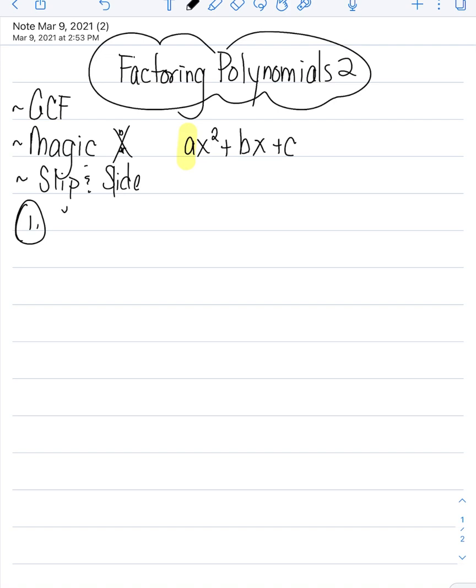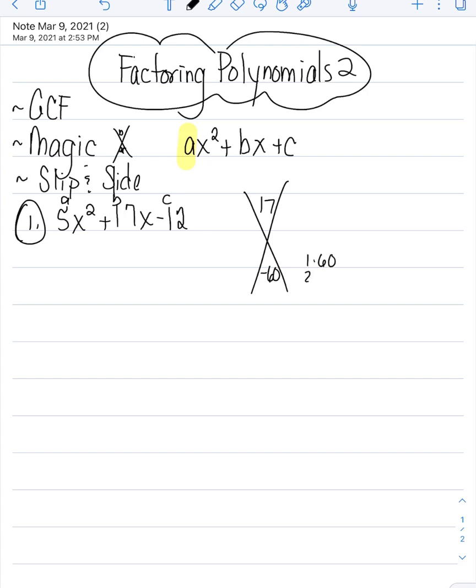So our first example, we have 5x squared plus 17x minus 12. I don't have a greatest common factor that I can factor out, so I'm going straight to magic X has your back. So my B is 17, my A times C is negative 60. Remember, we want to get our factors of 60.